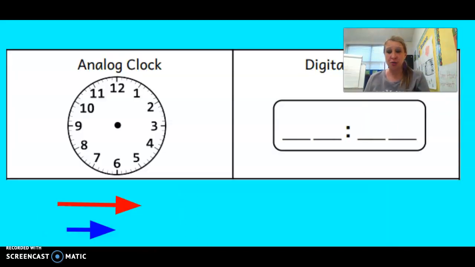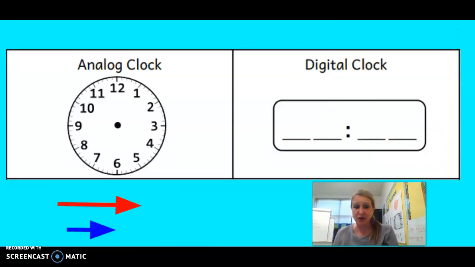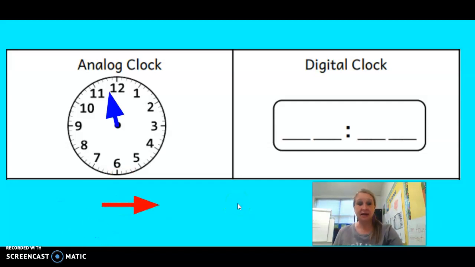I need your help showing 11:30, the time I pick up my class for recess, on the analog clock and the digital clock. So if I pick them up at 11:30, what number should the hour hand be pointing to? That's right, it is halfway between the 11 and the 12. What about my minute hand?